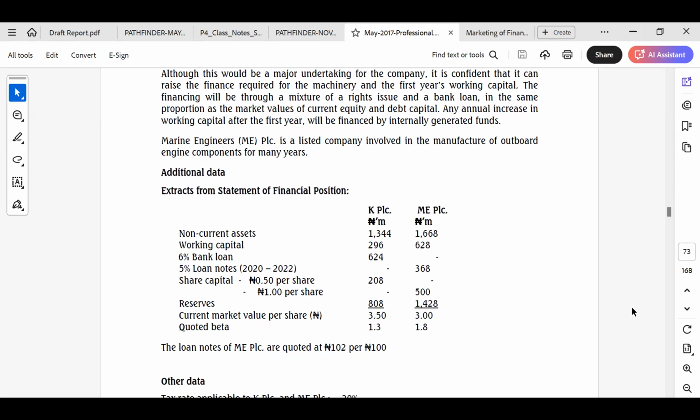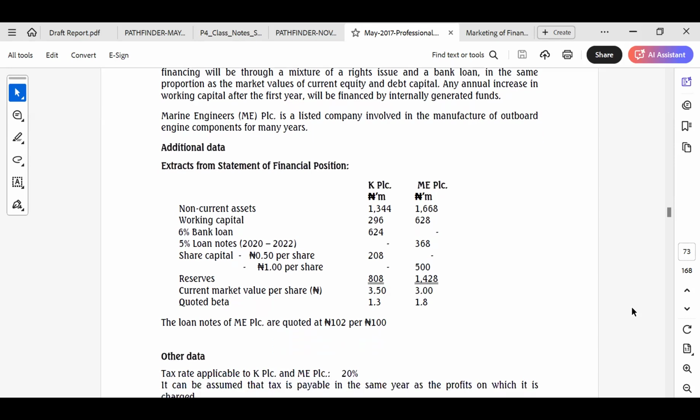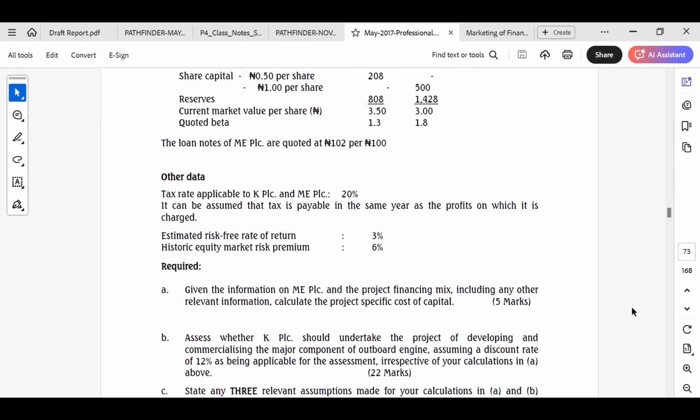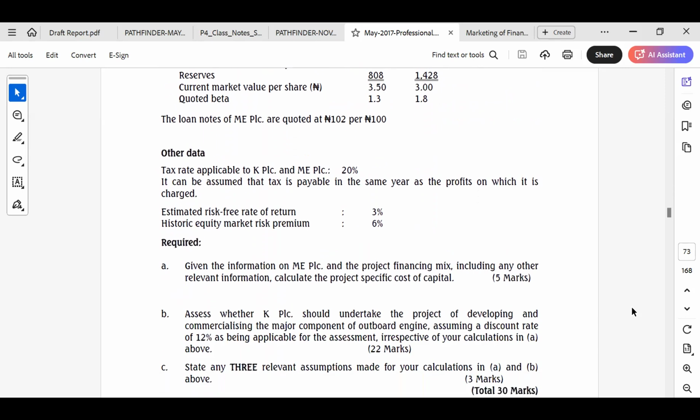The loan notes of MEPLC are quoted at 102 per 100. So loan notes is a traded debt. You can see the nominal value in this question for that debt is 100. That is why they are saying 102. Okay, other information, other data. Tax rates applicable to KPLC and MEPLC are 15% and 20%.